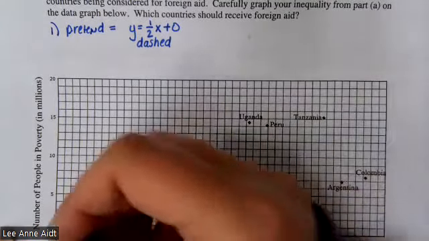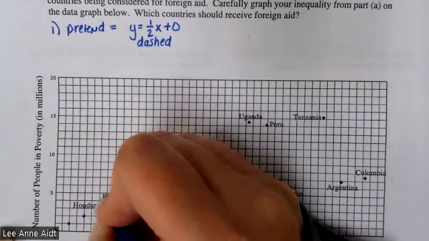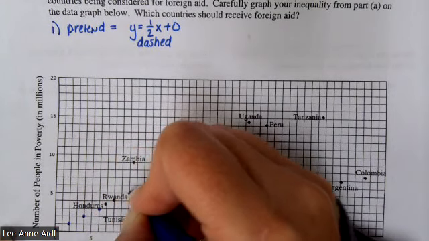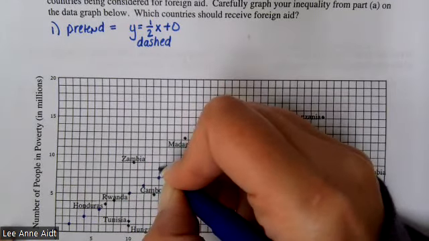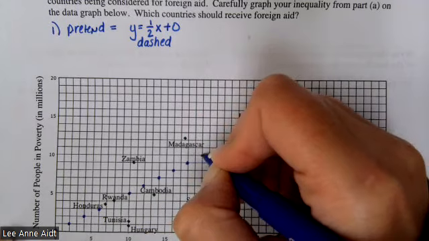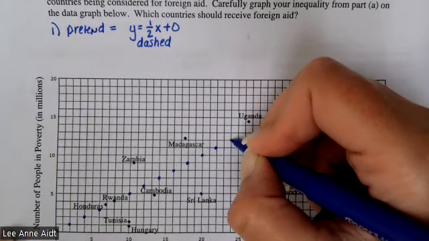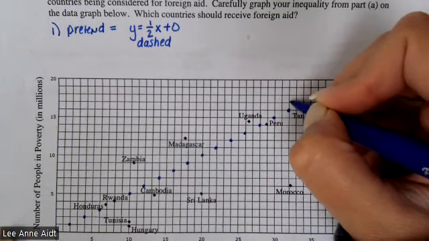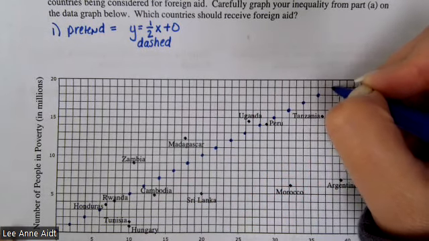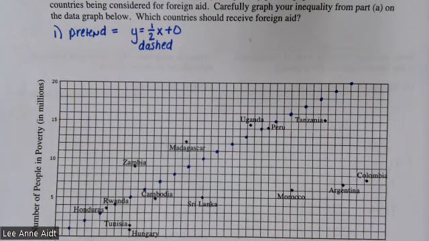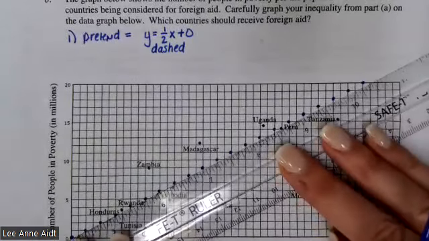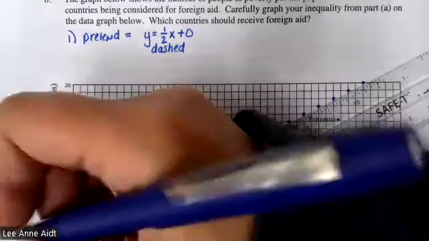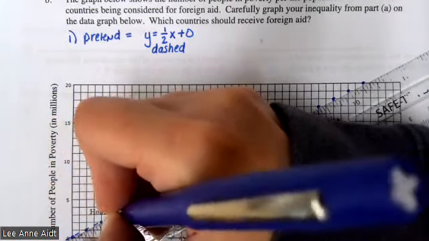Count it carefully all the way to the top. Don't forget to dash it.